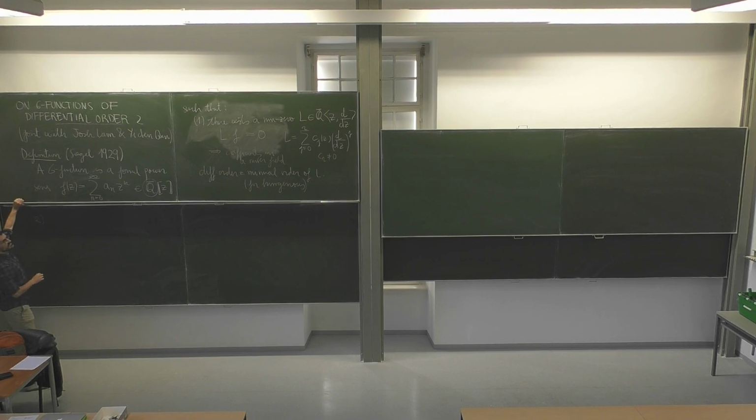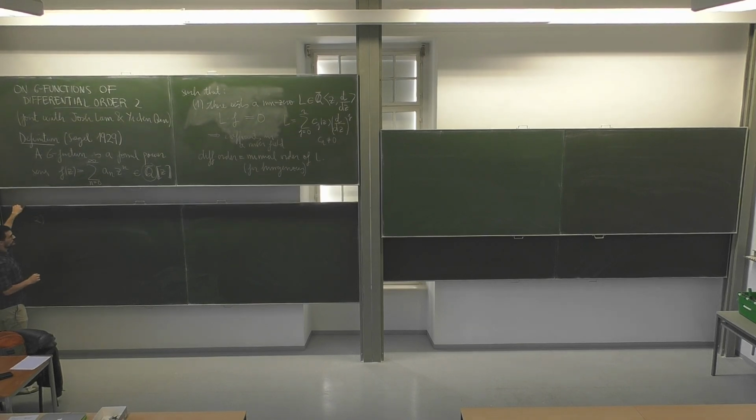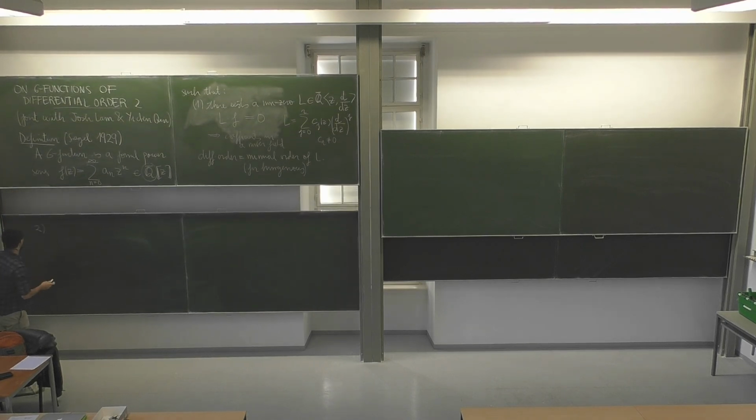And the second condition is about the growth of the coefficients. And the condition is that there exists a real number C, strictly positive, such that, well, two things. So first thing, you would like to say that the a_n are in absolute value at most C to the n.